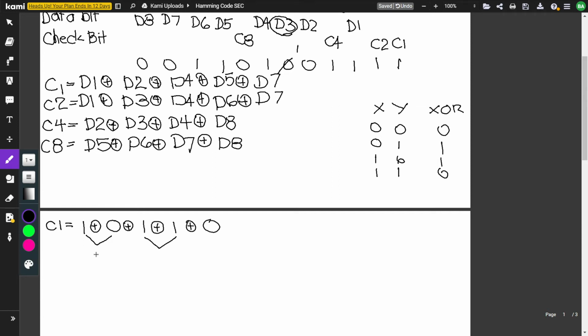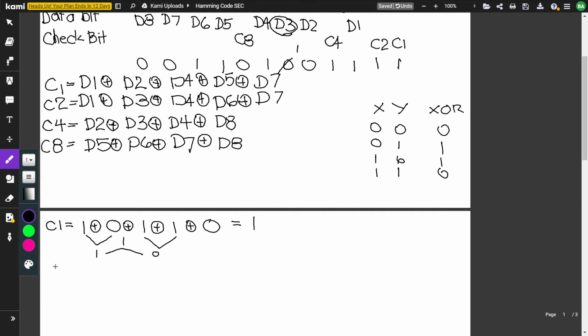So 1 XOR 0, since they are different, is 1, and 1 XOR 1, because they're the same, is 0. Then 1 XOR 0 is 1, and then 1 XOR 0 is equal to 1. So C1's value is equal to 1.